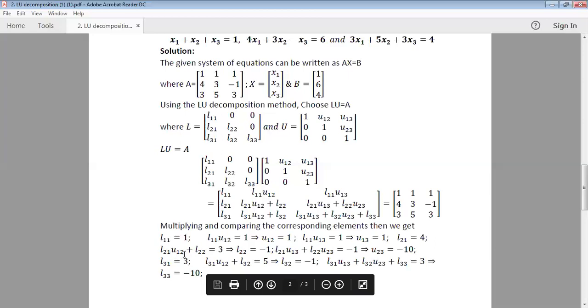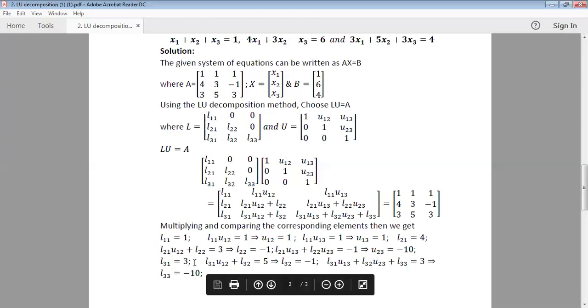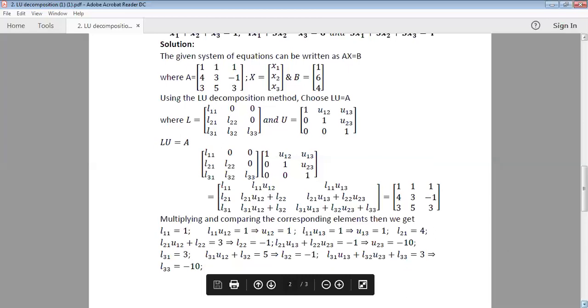L21 U12 plus L22 equals 3, this implies L22 equals -1. Next compare this element: L21 U13 plus L22 U23 equals -1. So from this we get U23 equals -10. And similarly L31 equals 3, L32 equals 2, and L33 equals -10.